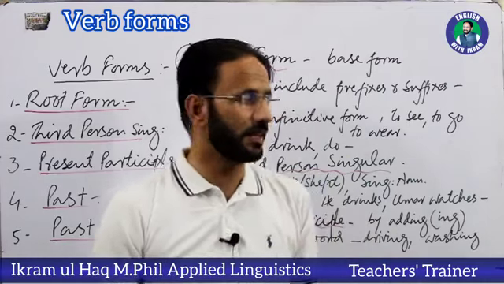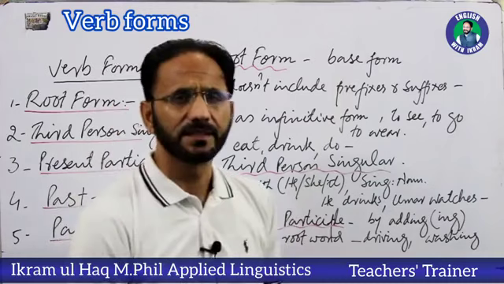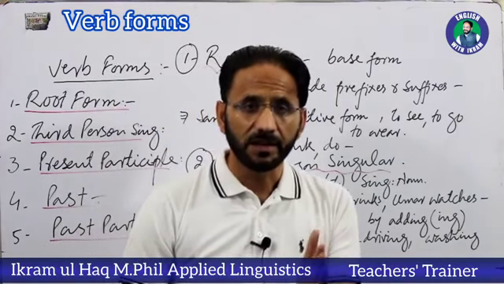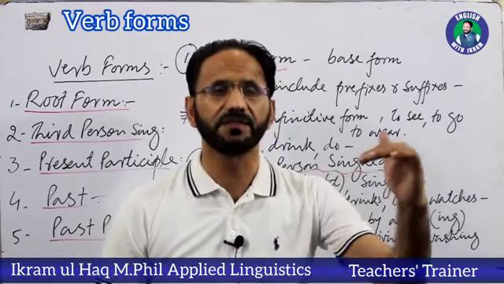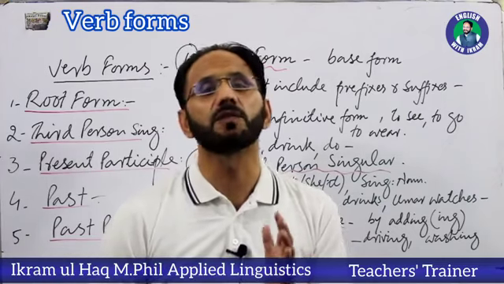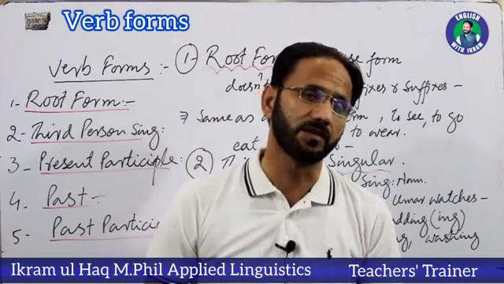There are different examples that we can take: eat, drink, do, wash. So these are base forms of the verb. We can generate different forms with the help of this root word, this base word. So this is form number 1, which is called root form, or you can say the base form of the verb.